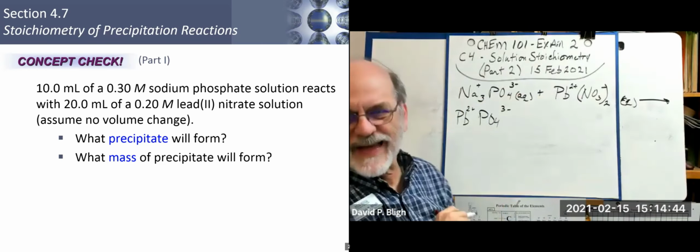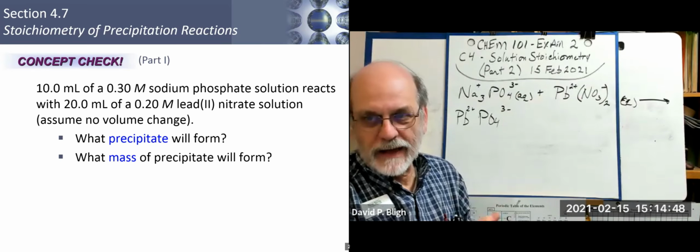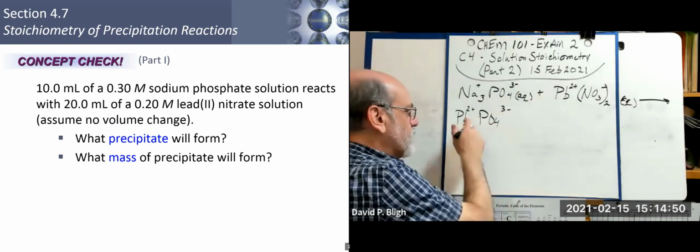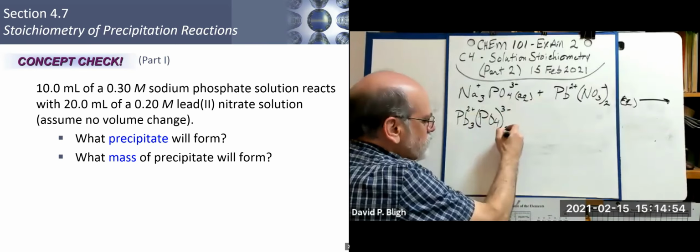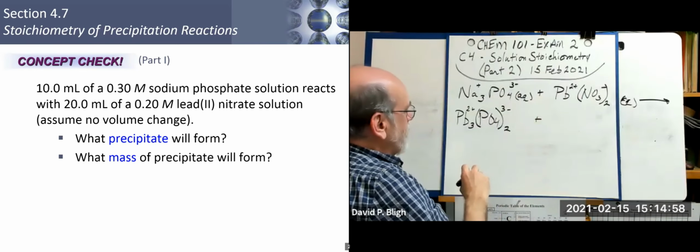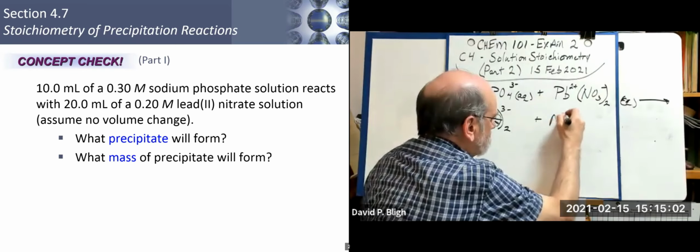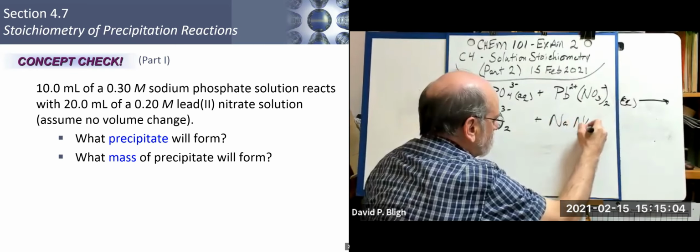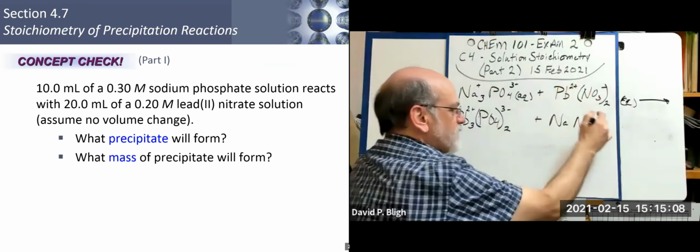Now how do you balance that one? Right? Odds and evens, cross multiply. Bring the 3 over here and the 2 over here. Right. Now we have sodium and nitrate. One plus, 1 minus, that's balanced.